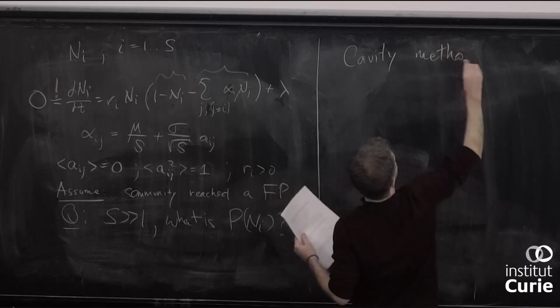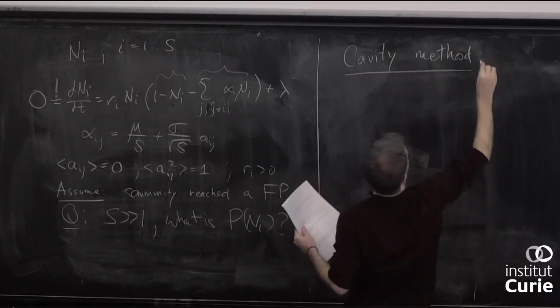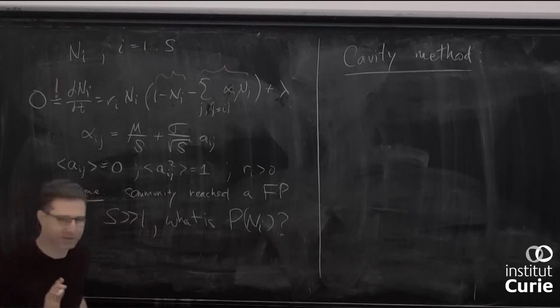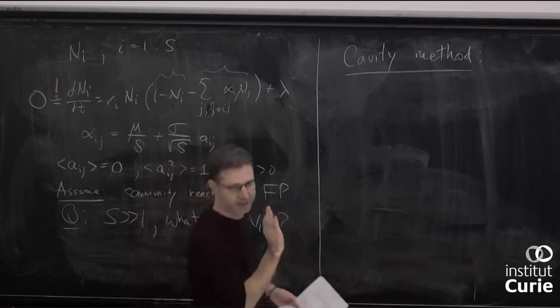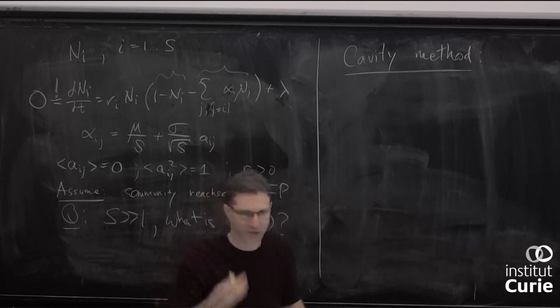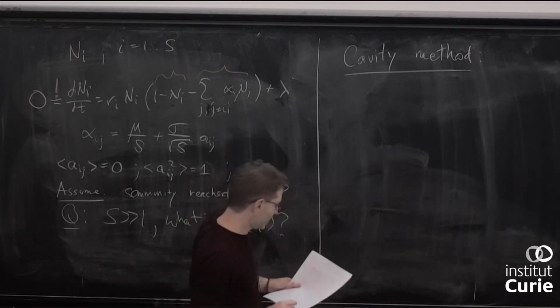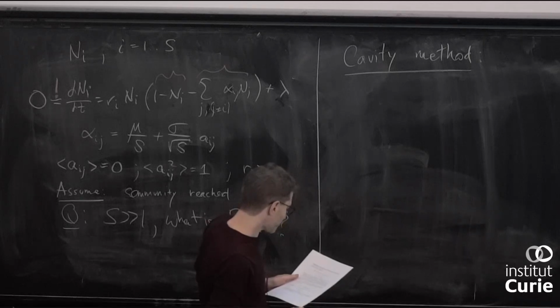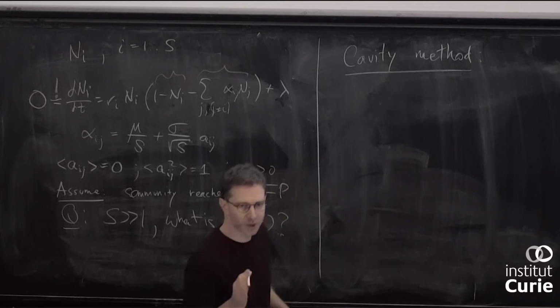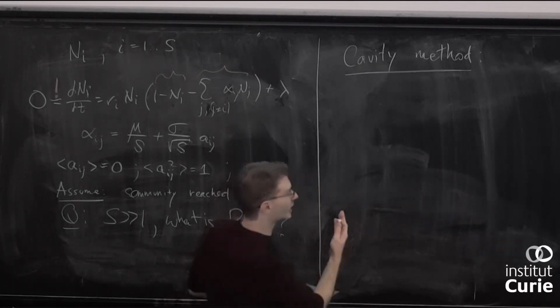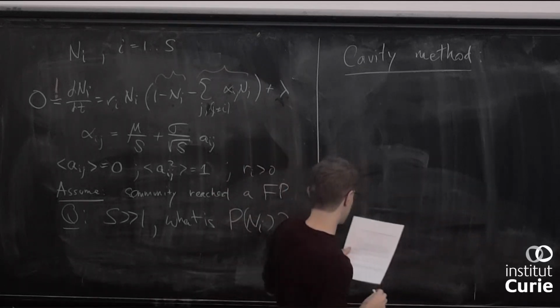This is a technique that was born around disordered systems in physics, a bit of neural networks. Those are the areas where it was born 40 years ago or so. And we're applying it here. It was first, by the way, applied to models from ecology already in the early 90s, and it was completely ignored. And recently, people have come back to this.